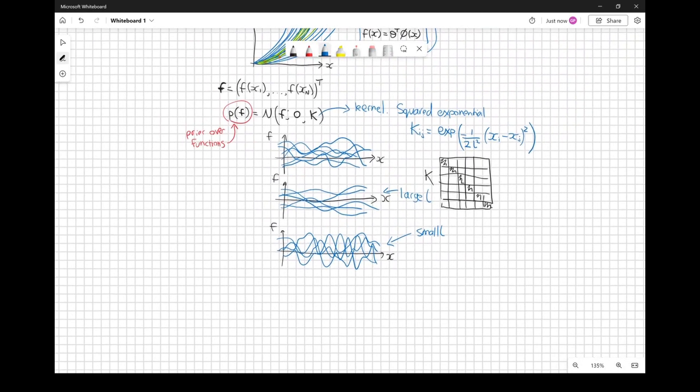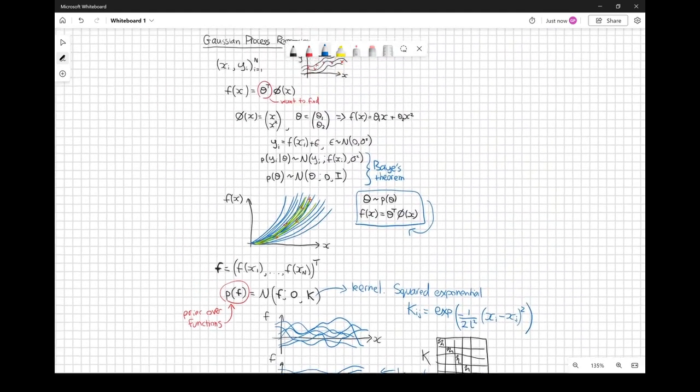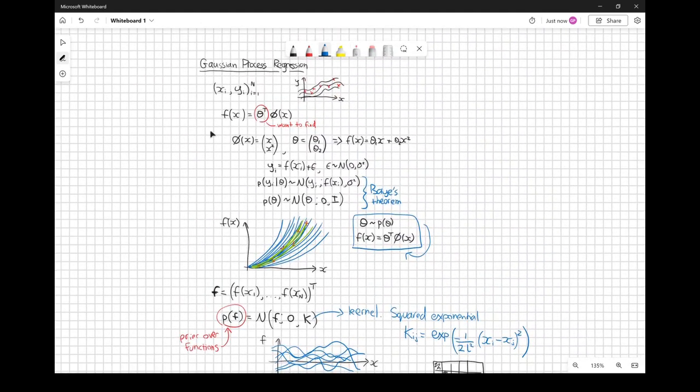And so this is how we can now propose different models without actually having to specify a model structure. If you recall, for our linear regression example, you do have to specify this.